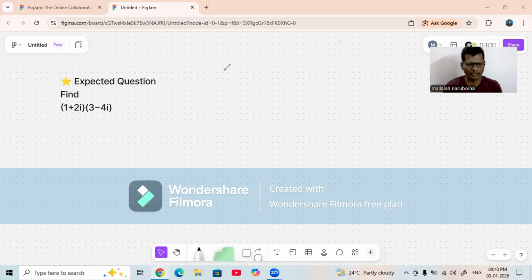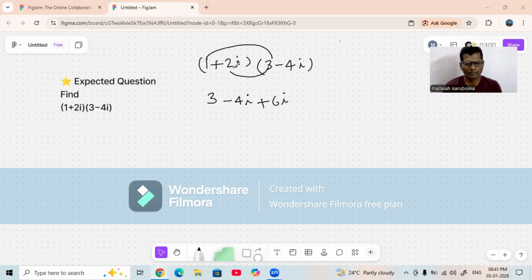Find 1 plus 2i into 3 minus 4i. We have to multiply these two complex numbers. So here 1 into 3 is 3, plus into minus is minus, 1 into 4, 4i. Next with 2i into 3, plus into plus is plus, 2 3 is 6i, plus into minus is minus, 2 into 4, 2 4 is 8, i into i square.